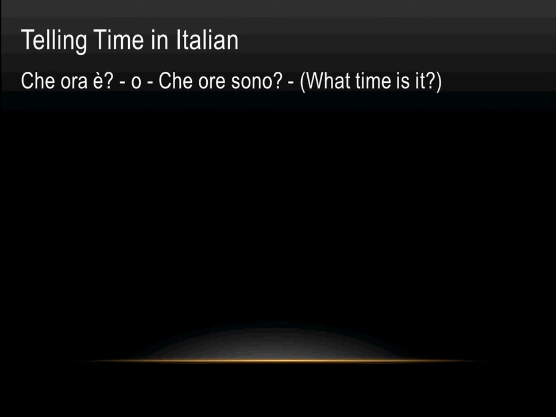In this particular sentence, everything agrees. It's all singular. Che ora è? What hour is it? Or we have che ore sono? Che, what, ore, plural for hours, and sono, third person plural of essere, or are. What hours are they?